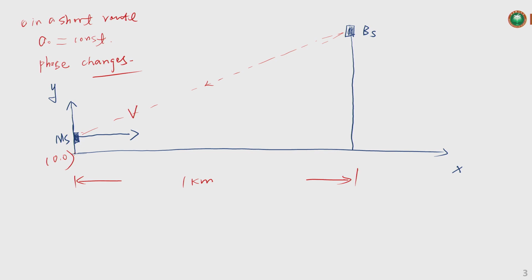Another thing is the sampling. If we want to obtain the details about the multipath components, the most important thing is we should increase our sampling rate. If the sampling rate is very low, then we cannot get the full information about the multipath effect.